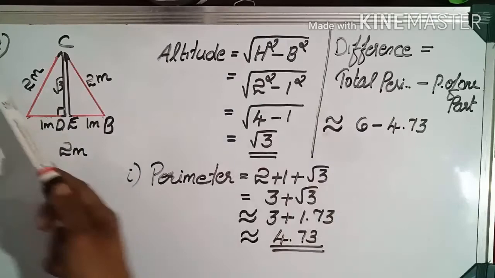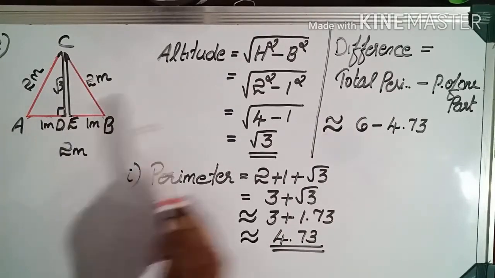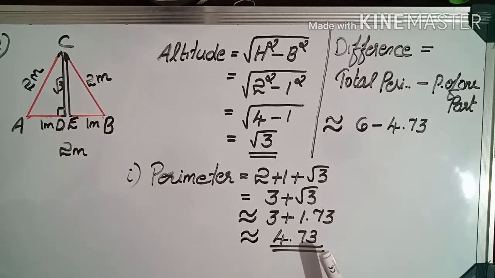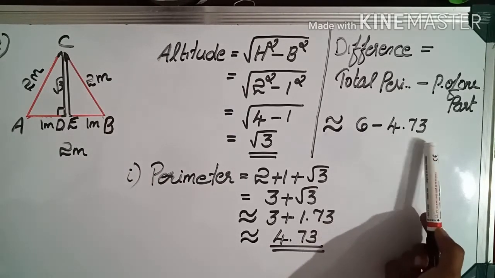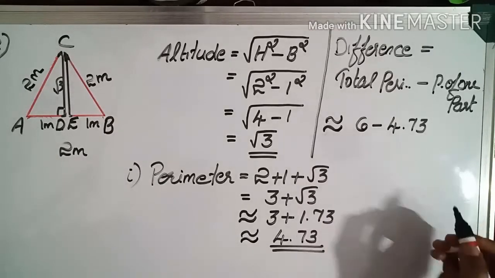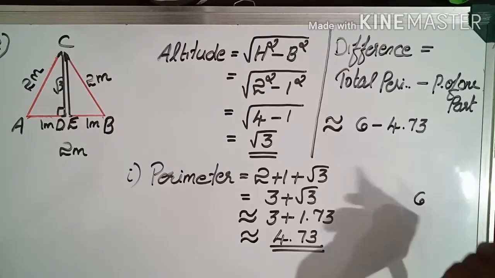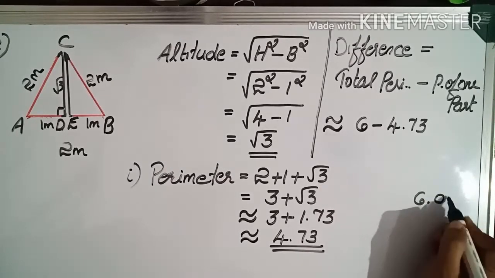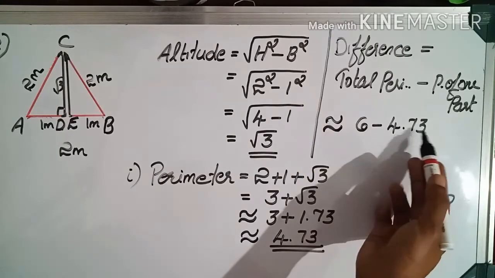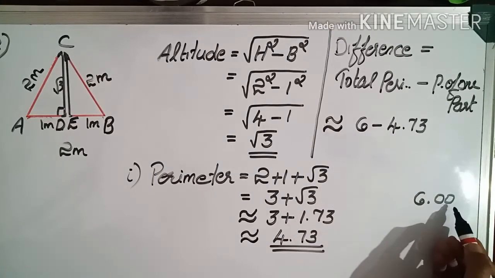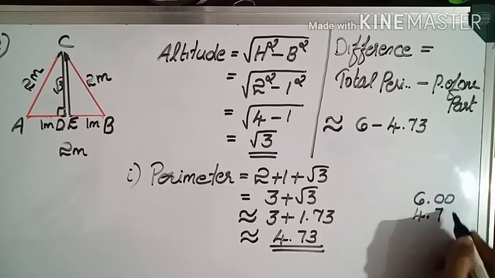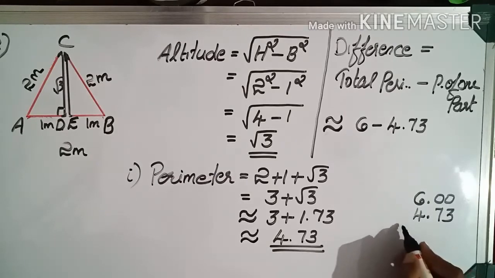So total perimeter is 2, 2, 2, so total is 6. So 6 minus perimeter of one part, we got 4.73. So 6 minus 4.73. Now we have to find this. I will show you how to do it. Here there is only one number, so after the decimal nothing. That means 6.00. Like this we have to write, because for the second number after the decimal we have two digits. That's why we put 2 zeros here. Now 4.73, like this we have to write.